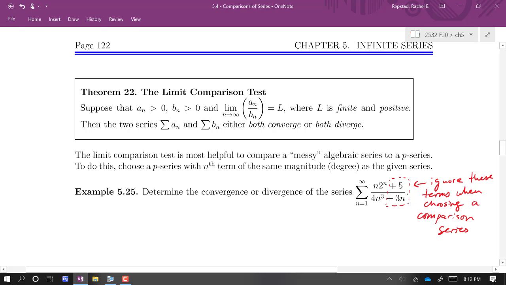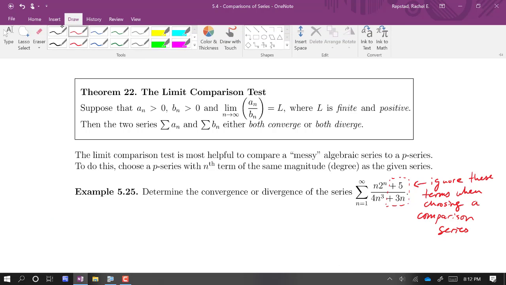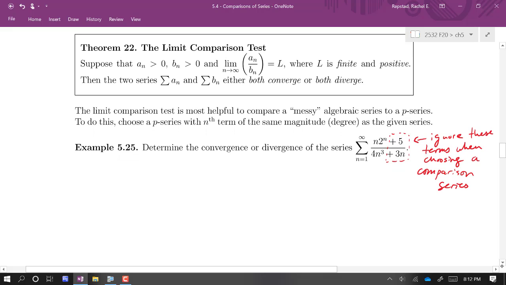So I'm going to focus on that n·2^n over 4n cubed. And even the coefficient of 4, I'm going to ignore that. So I'm going to compare this series with the series n·2^n over n cubed.